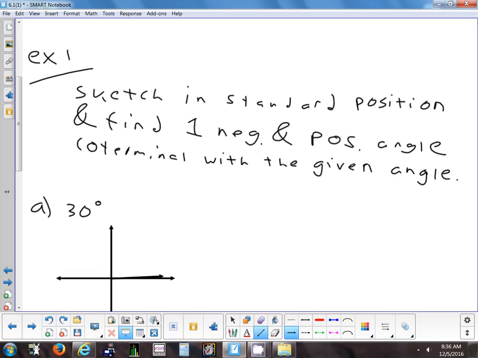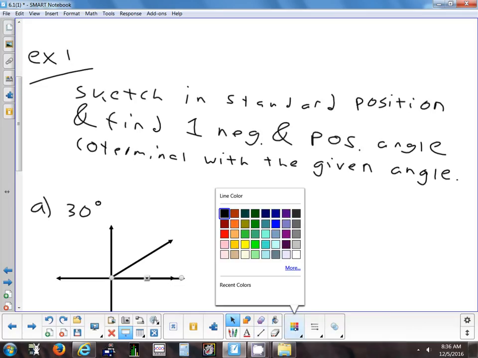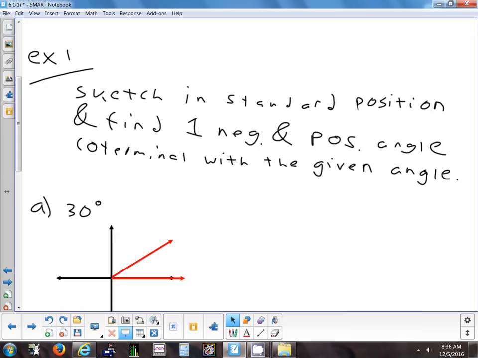All right, so I'll change the color of that. So there's my initial side. That'd be about halfway for the terminal. I would say it looks like it's a little less than half. So there's my angle, 30 degrees.